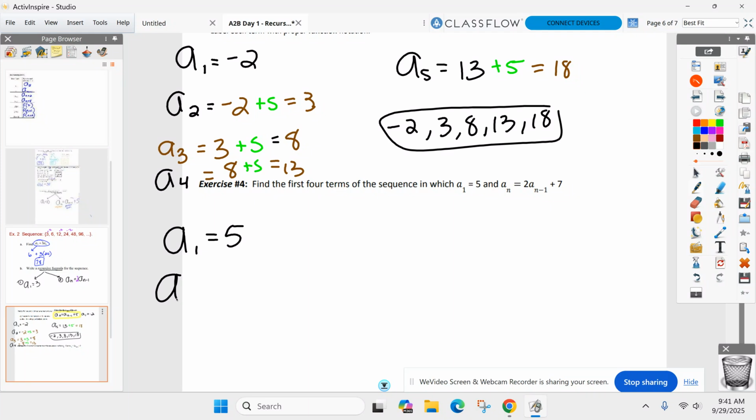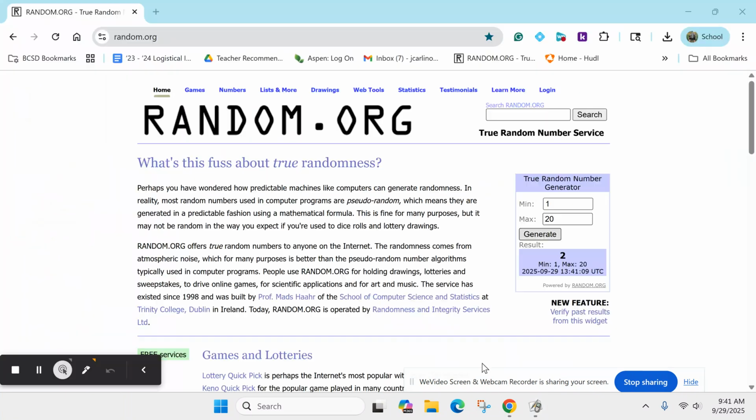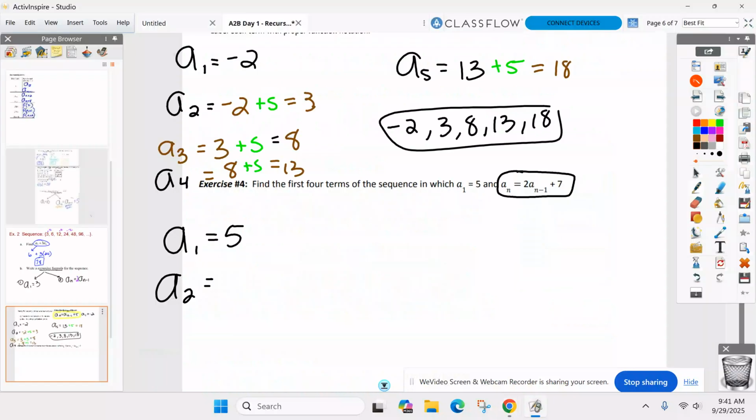All right, let's discuss how we are going to find the second term, using the formula. Tyler, you want to talk it out right now or you want me to help you here? Let's see. What's it say to do? You take 2, multiply it by what's n minus 1, always for us?